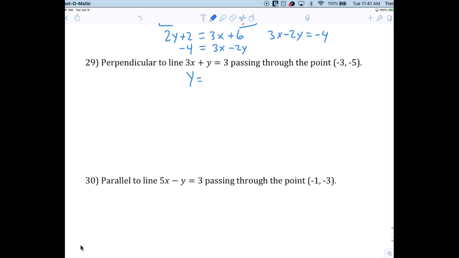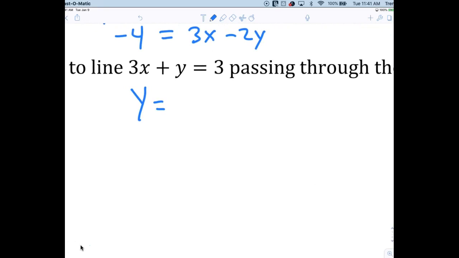Come on, look up. You're not getting away that easy. You got to solve it for y. So what's in the way? Remember, it has to be in y equals form. Yes, there you go.